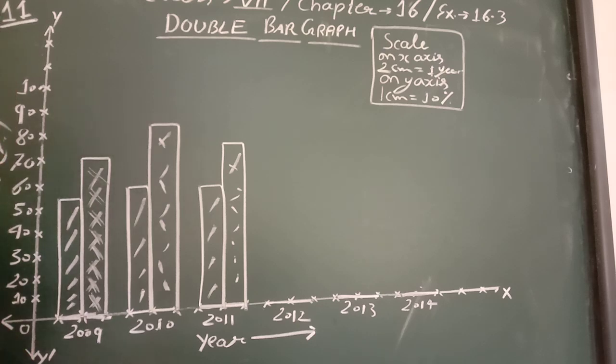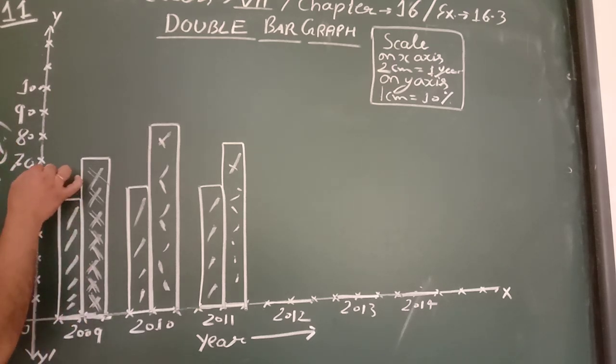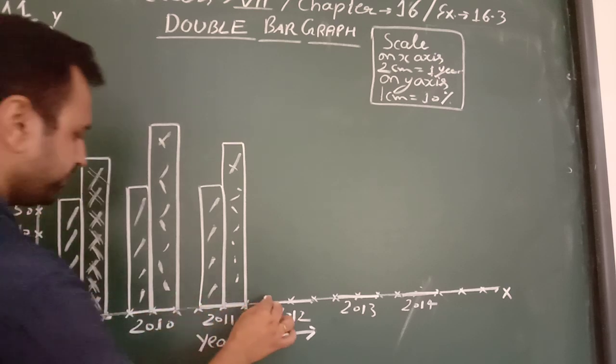2012: 68%. 68 lies between 60 and 70. But for its exact position, we know that in the first centimeter there are a total of 10 boxes and a total of 10 percent. It means one small box represents 1%. So for 8 boxes we can say it is 68.